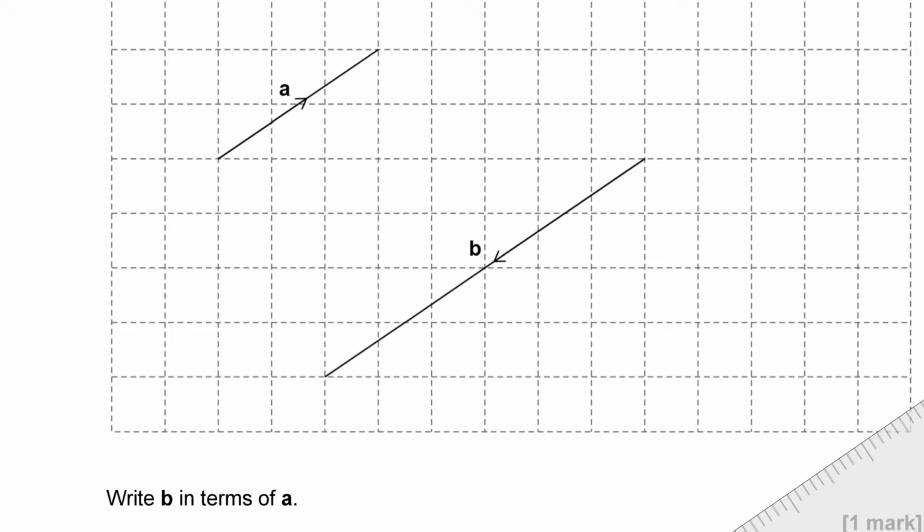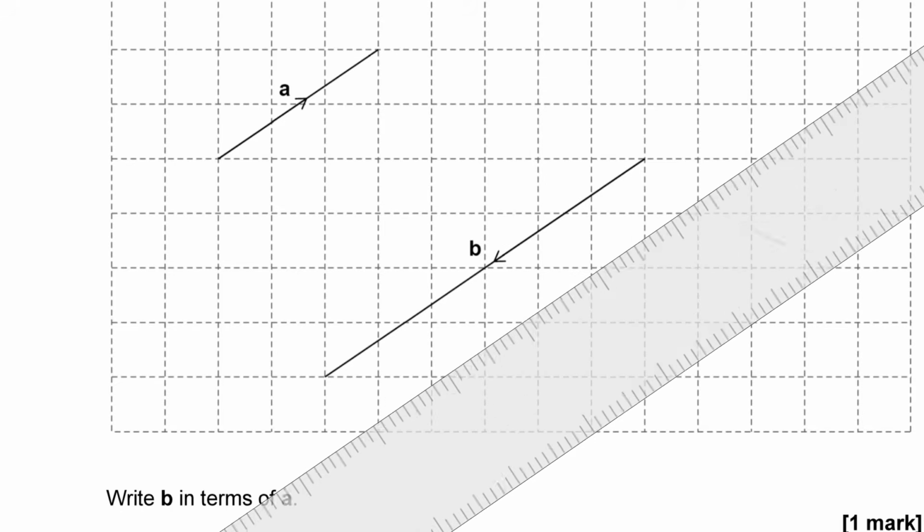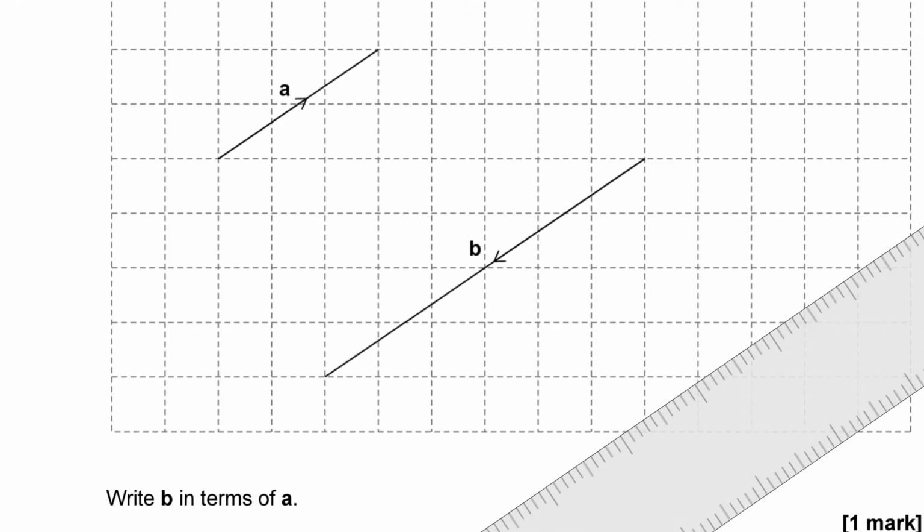So if one is positive, the other one is going to be negative then. So write b in terms of a, but you can also see that from one end of the line to the other, it's like 3 along and 2 up. So if I did that here, look, 3 along, 2 up, 3 along, 2 up. You can see that the vector a fits into the magnitude of vector b twice.